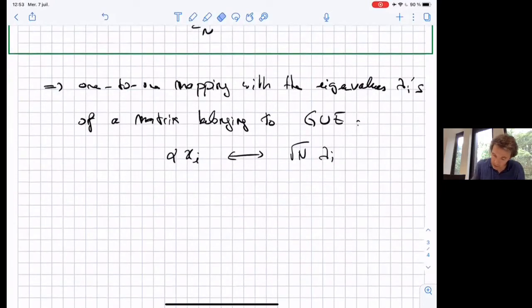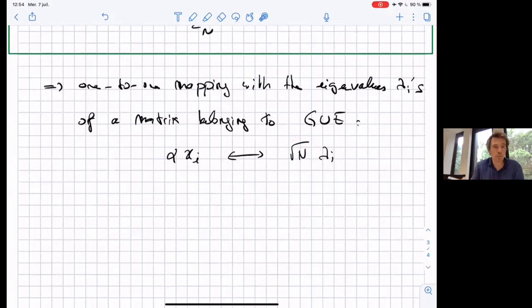Okay, so if I look at the density of fermions, I know that in the large n limit, the lambda i's are distributed according to the Wigner semicircle. So it's clear that I will also get the same Wigner semicircle for the xi's. There is, however, one thing that I need to keep in mind, which is that there is a square root of n here.